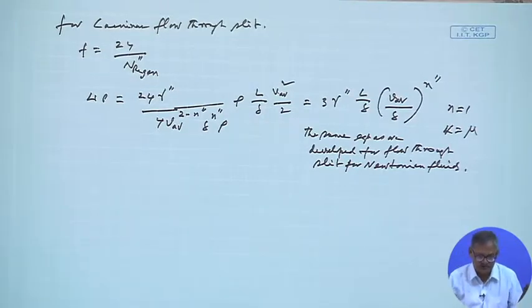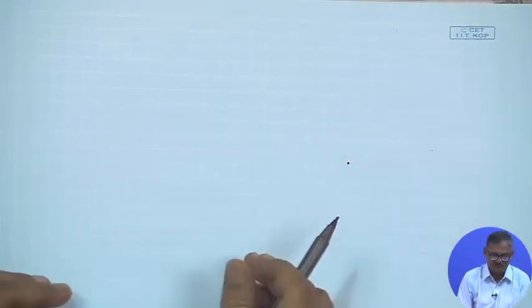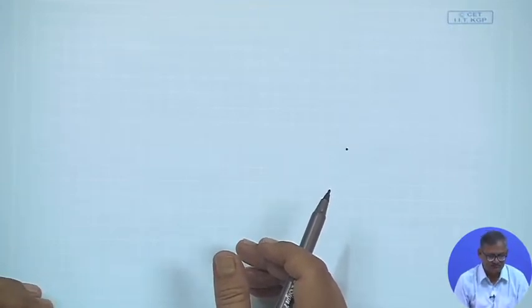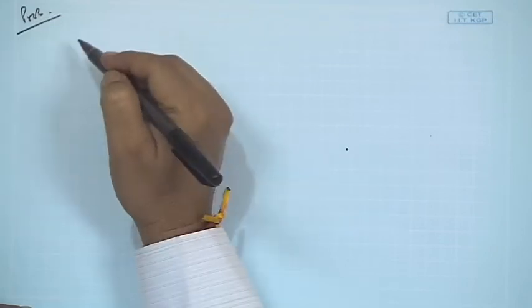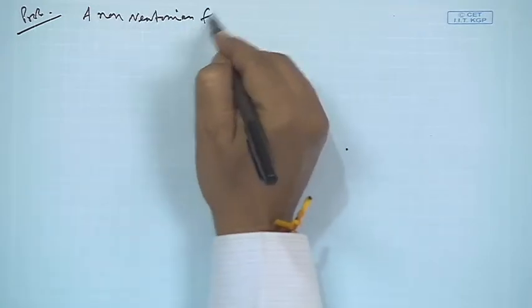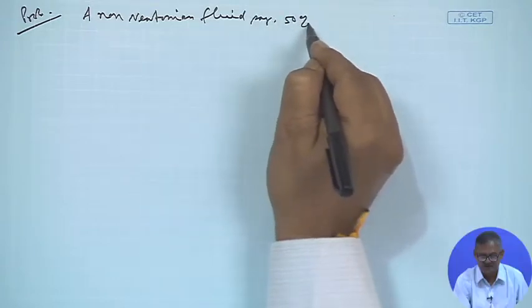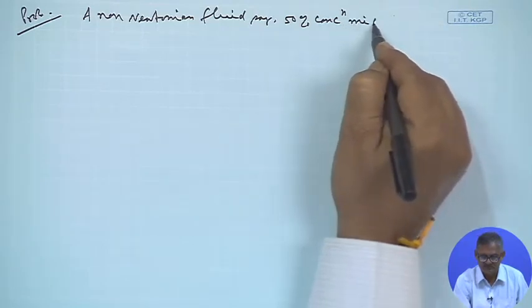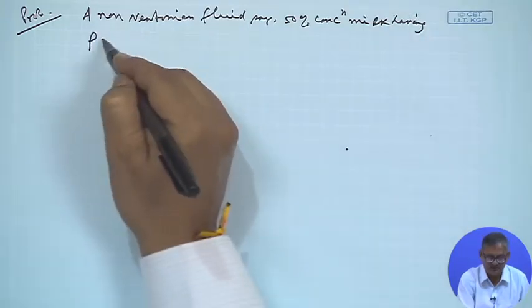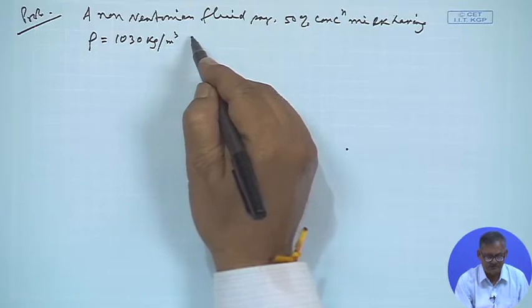Now, if we do a similar problem we have done earlier, say if we formulate the problem like this: a non-Newtonian fluid, say 50% concentrated milk having density rho equal to 1030 kg per meter cube, is pumped through a slit.